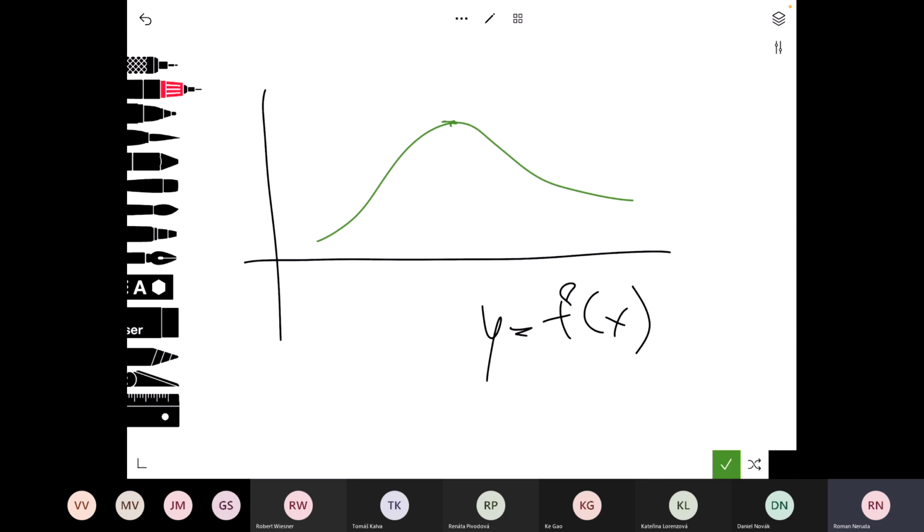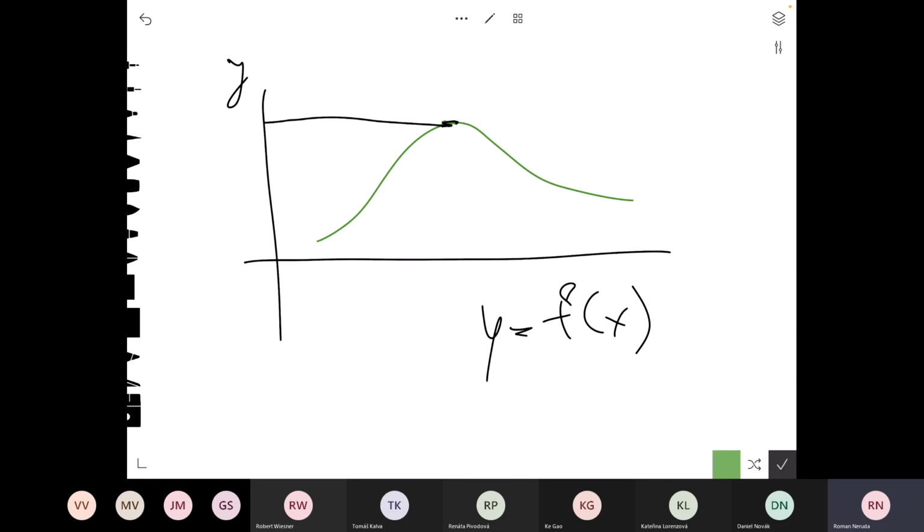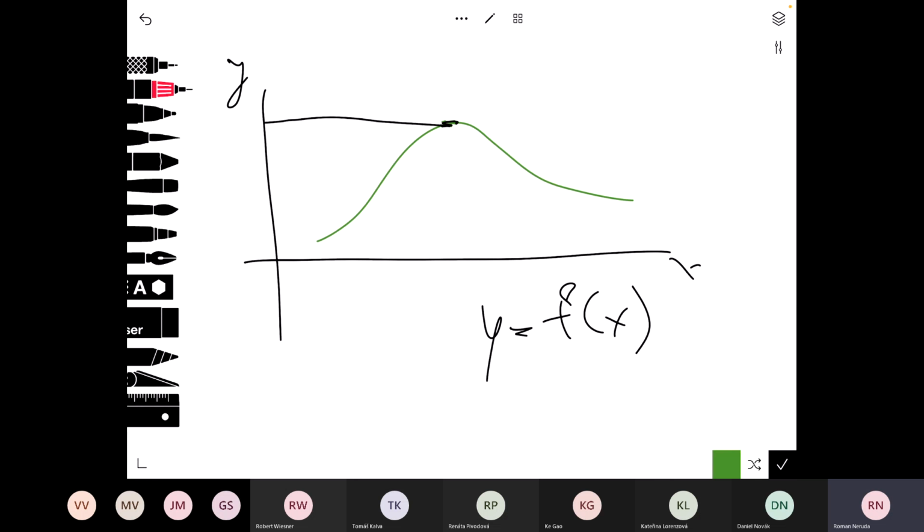We will probably identify this as the maximum value, because here we have x, here we have y, and we are looking for the maximum, for example. So we can find the maximum and say, well, this is the maximum.